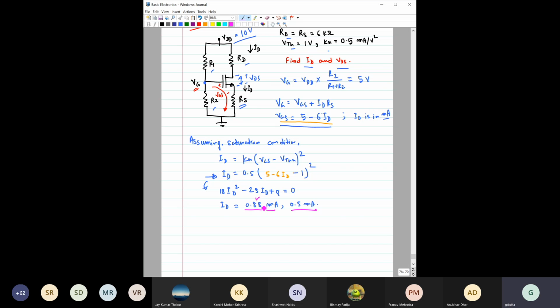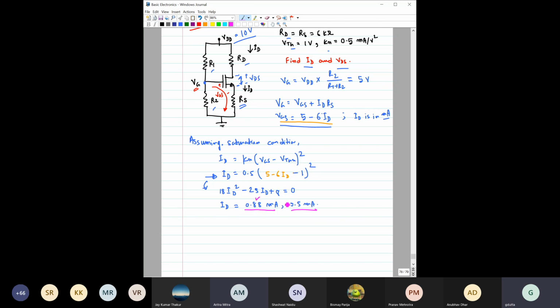Guys, can you make a comment on this? Whether an ID value of 0.88 is possible or not? Any comment?